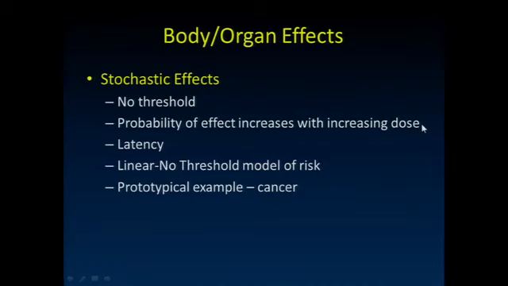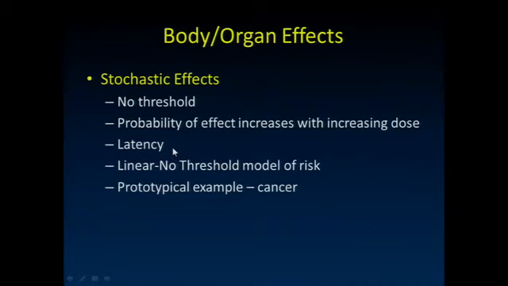If with a single X-ray the probability is 0.000000001, with more X-rays that probability increases, but the severity doesn't increase, right? It's not that you got a higher dose of radiation, therefore you're more likely to get a more aggressive cancer. So the probability of the disease goes up with dose, but the severity doesn't necessarily go up with dose. That's different from those deterministic effects that we talked about.